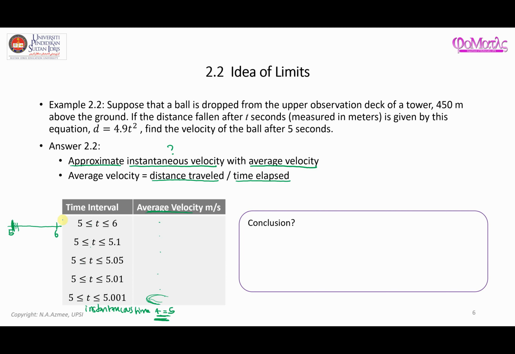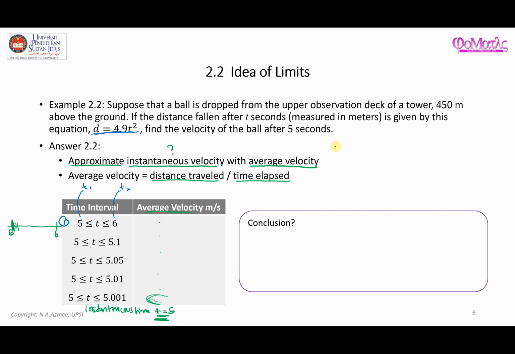So for example, this is the first time interval. What we're going to do is we need this equation to find the distance. That is just 4.9 t squared. You can call this t2, and this is t1.